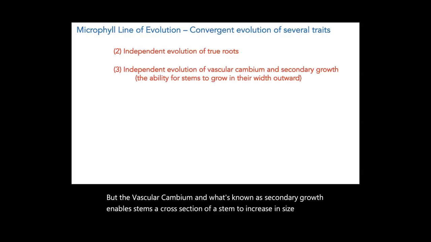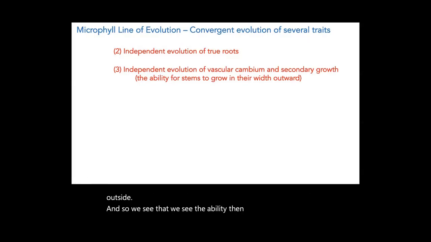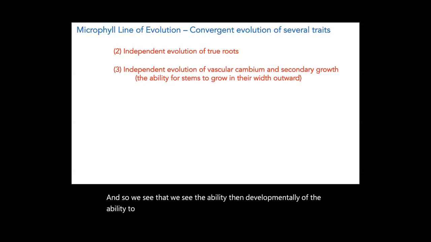So as you go from a small little sapling of a tree to a big tree, you have to be able to grow the stem in girth on the outside. And so we see the ability developmentally to increase in girth of the stem, okay? And they achieved it in a totally different way.